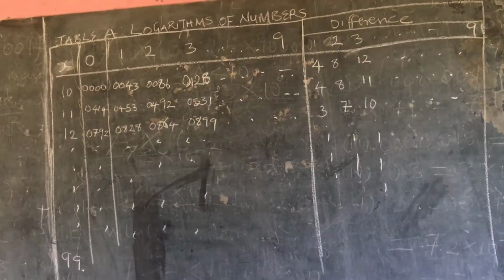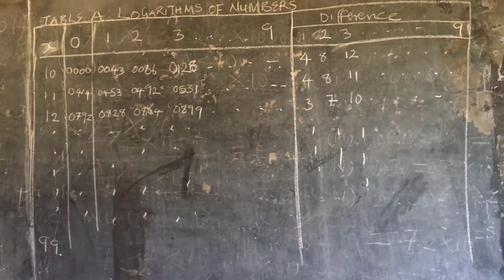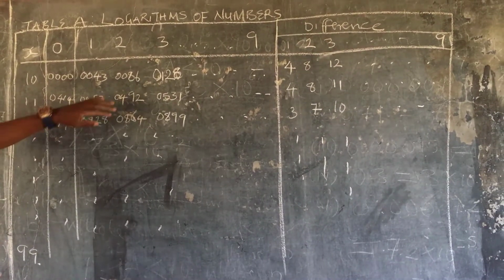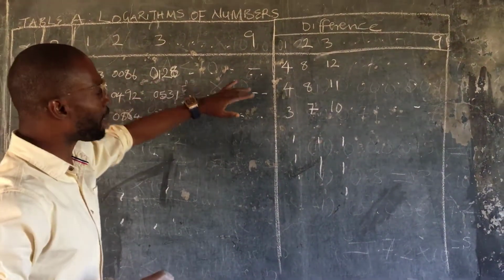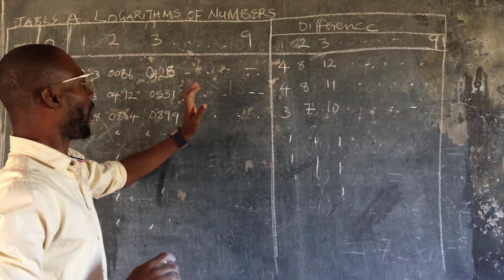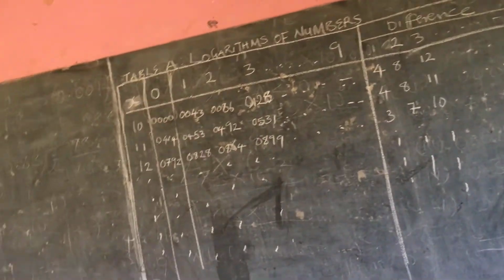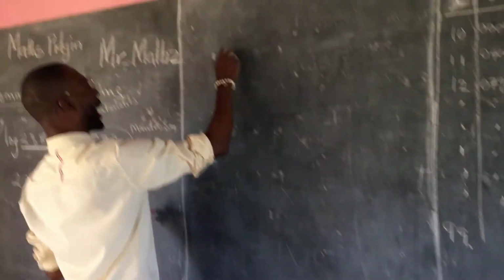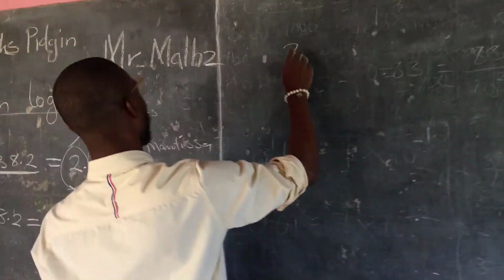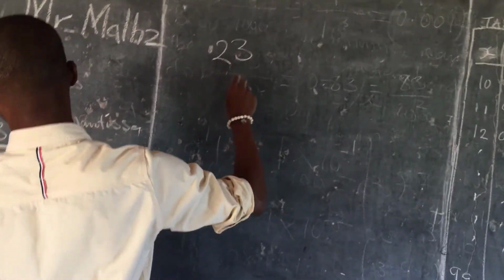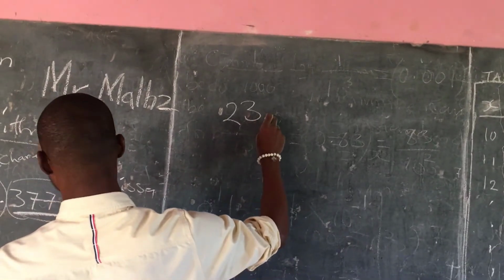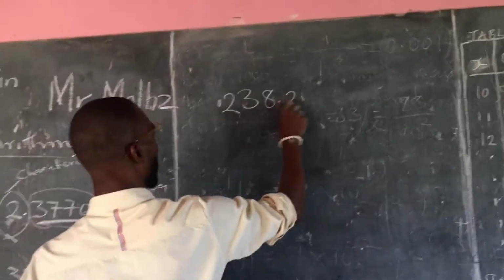So that is how it is for the difference section. That is the 4-figure table. So we will use this to find the mantissa part of our logarithm of numbers. See the number here: 238.2.